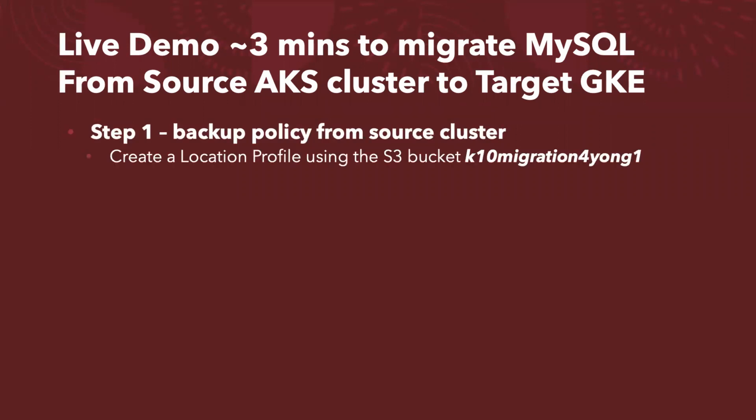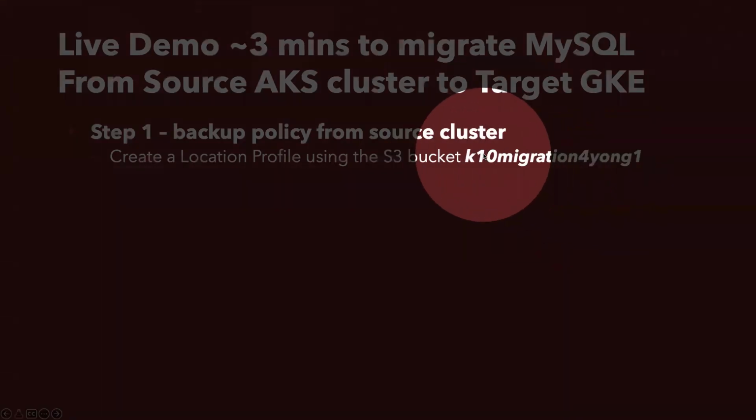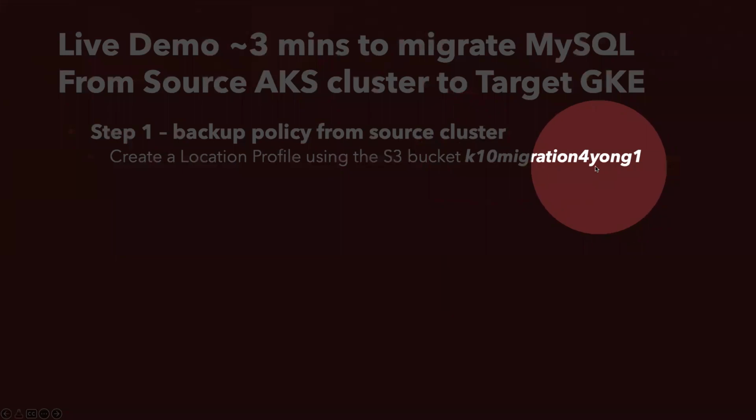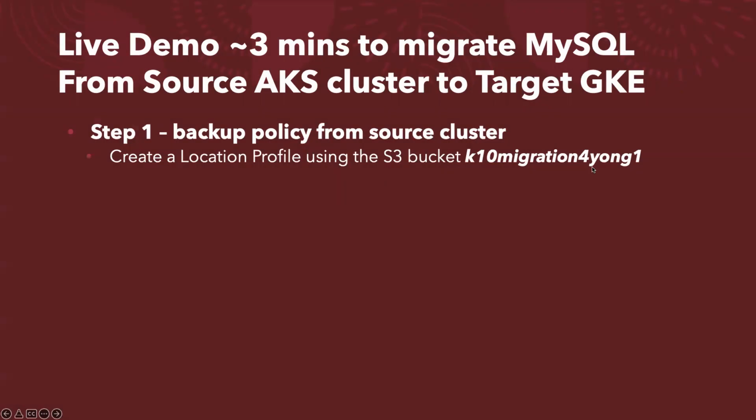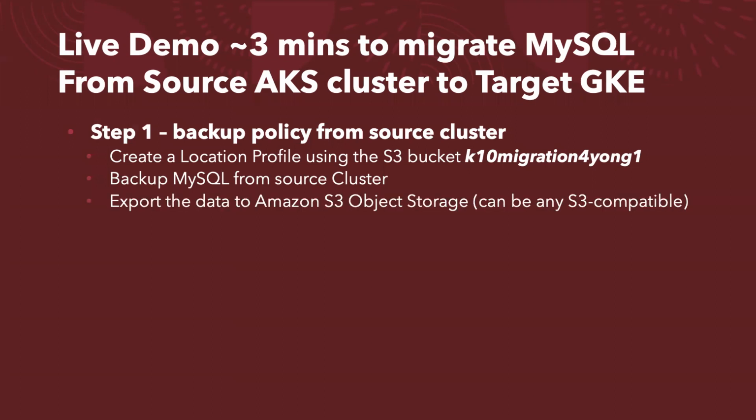Remember, I created the S3 bucket using the common name, K10 migration for Yongkang. That's my location profile, using an AWS S3 bucket, and I have a backup policy from my source cluster. I also export the backup data to my S3 object storage. In this case, I was using Amazon S3. It can be any other S3 compatible storage.